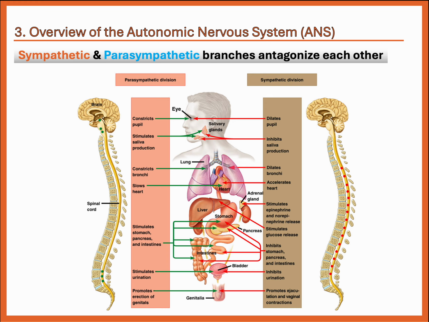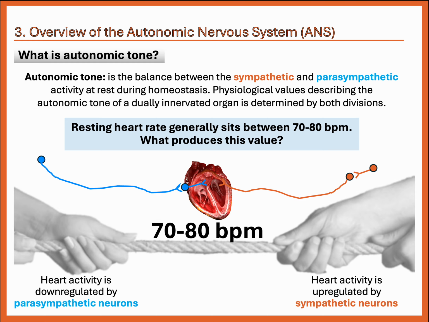All right, so next thing. We've already kind of dealt with this, but I want to put a name to it. So what is autonomic tone? Autonomic tone is the balance between the sympathetic and parasympathetic activity at rest during homeostasis.